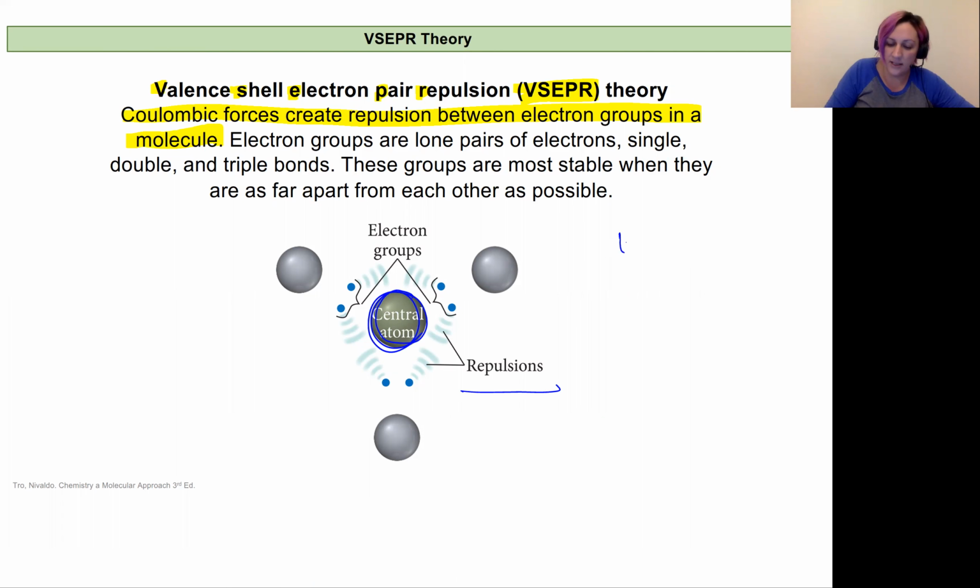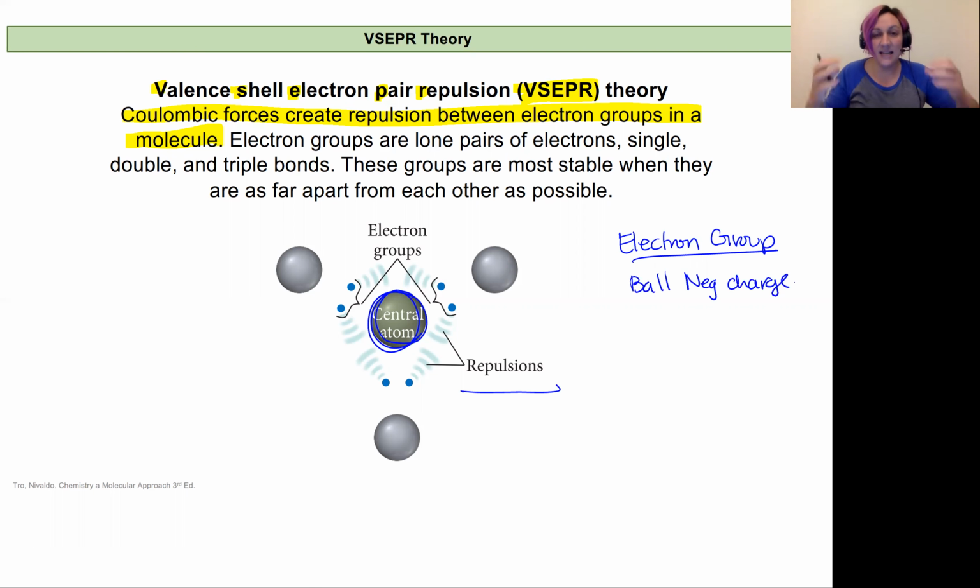The phrase electron group is always a little confusing when you first learn about it, since we want to describe anything that is a ball of negative charge, because anything that's a negative charge coming up to a negative charge will repel each other.